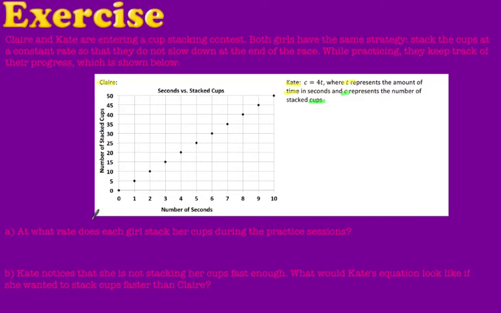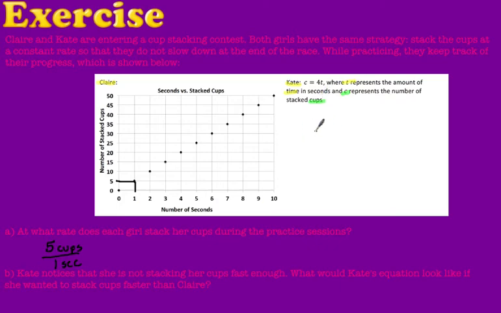So here we can look and see that in 1 second, Claire stacked 5 cups because we follow 1 and we follow it over to 5. So on a graph, you're always looking for where that bottom number, where that x value is 1, and then what it matches up with, and that's your rate. So Claire can stack 5 cups in 1 second.